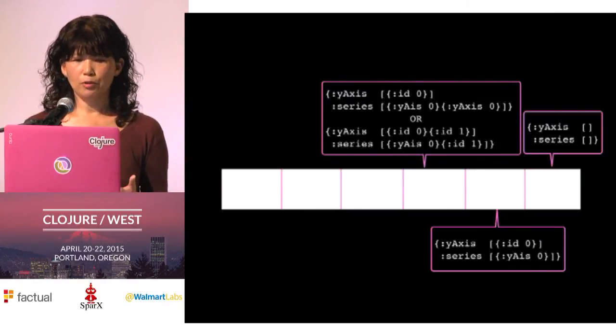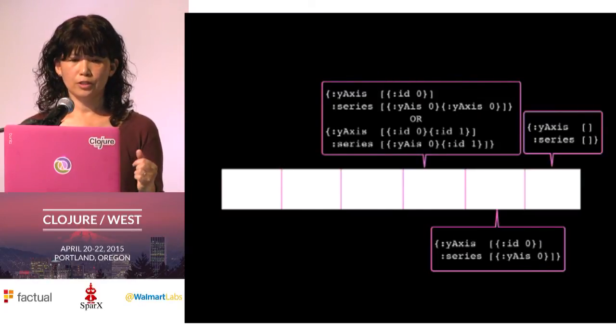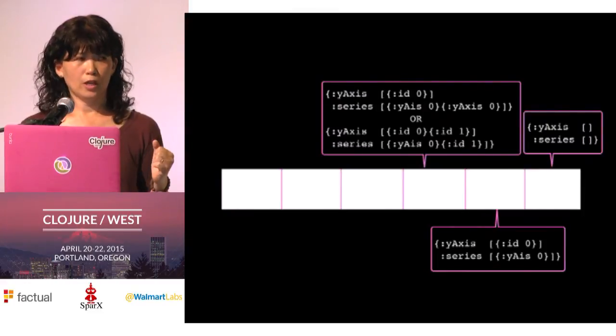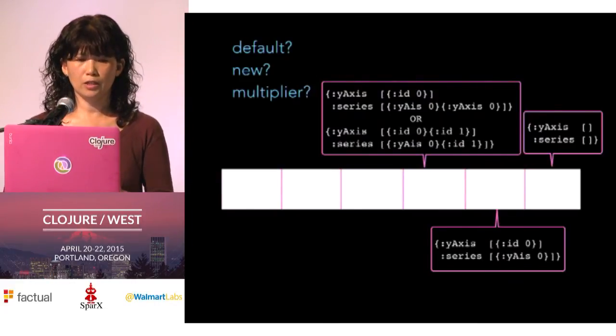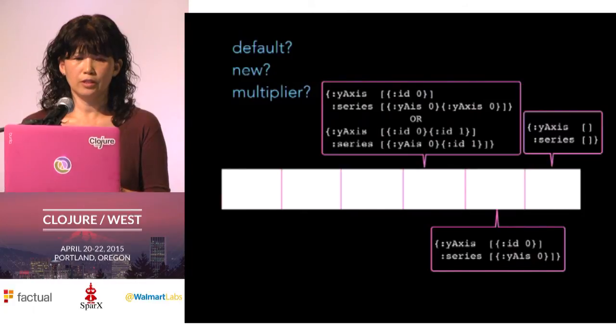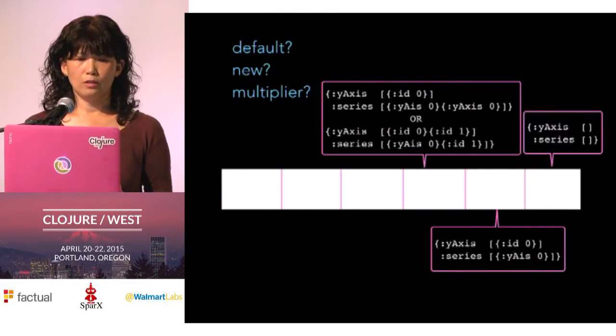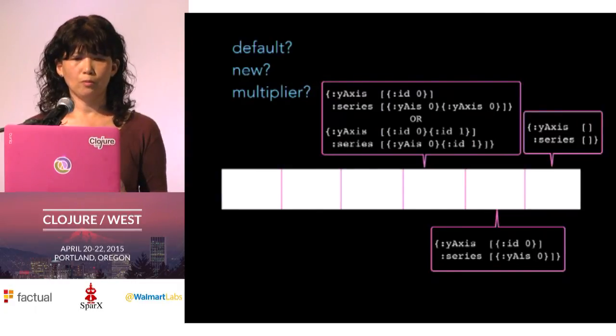But the second time, you either use the existing y-axis, or you have to add a new y-axis depending on the data. So along the way, I ask this question: does this use the default y-axis, or does this need a new y-axis, or does this need to work with a multiplier?